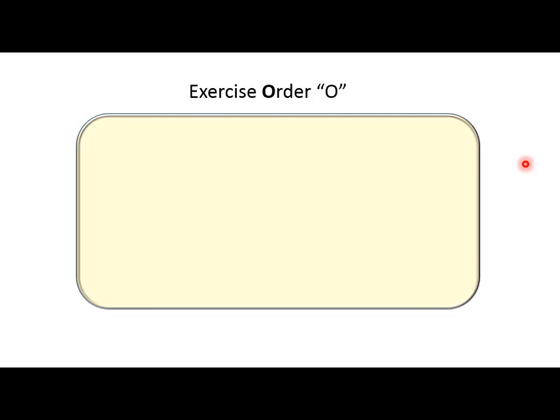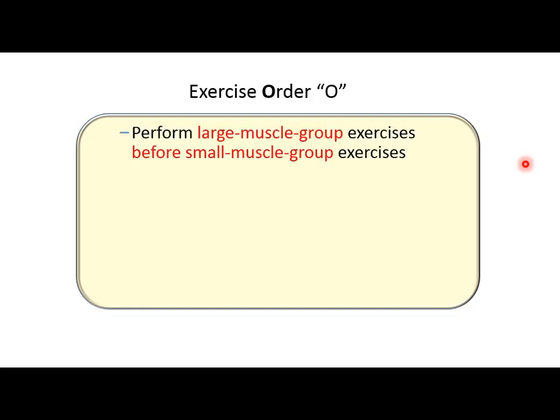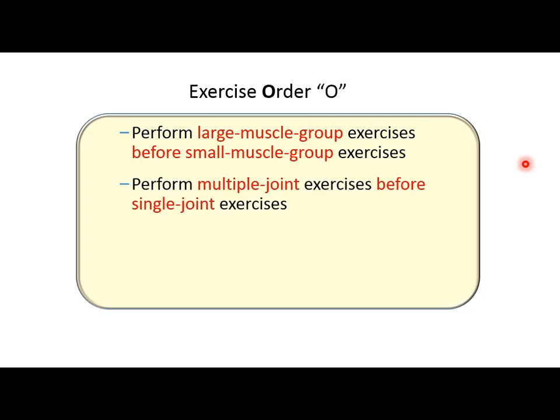Okay, so exercise order. Generally speaking, you perform large muscle group exercises first within any given workout session before you hit small group exercises. That should make sense. And along those same lines, you'll also perform your multi-joint exercises before single joint.